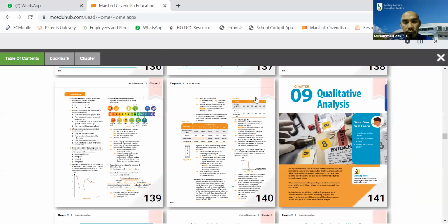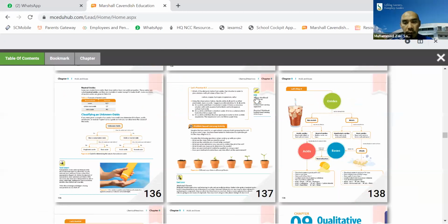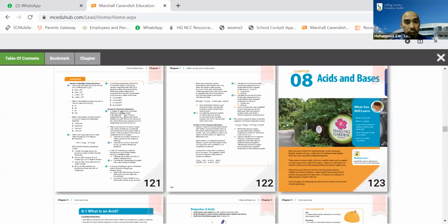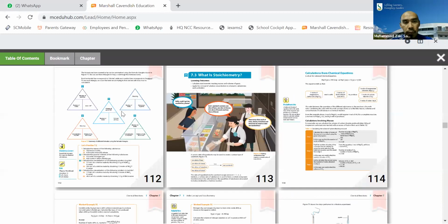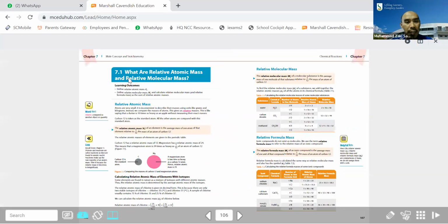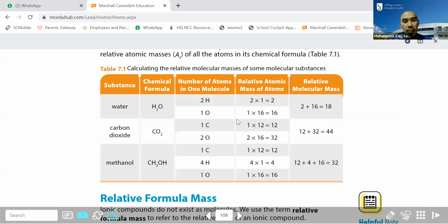MR and AR. Okay, if you remember, the relative atomic mass you get from the periodic table. Relative molecular mass, you need to calculate. How to calculate the relative molecular mass? Very quickly, you have to write down and practice.